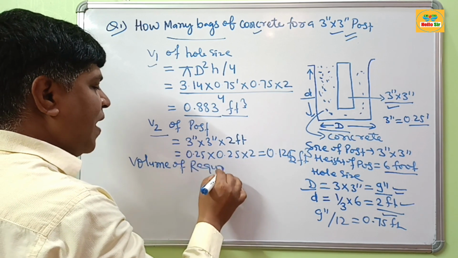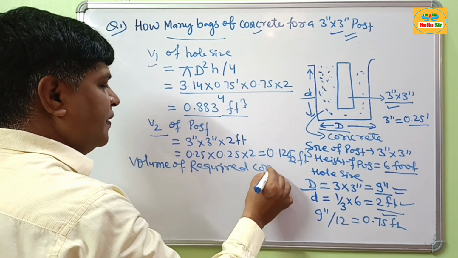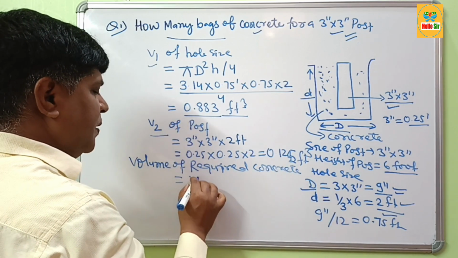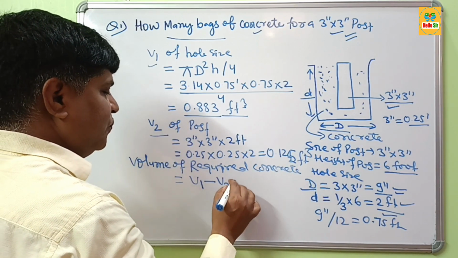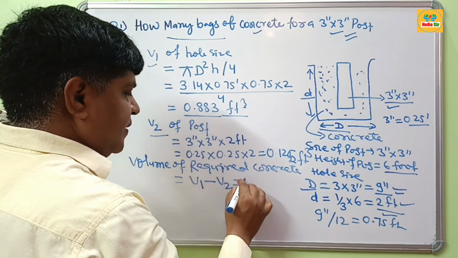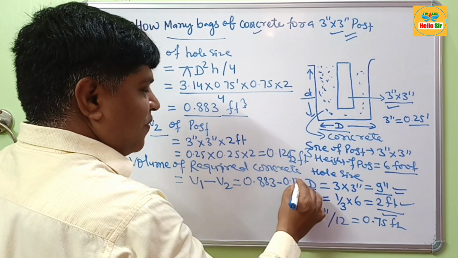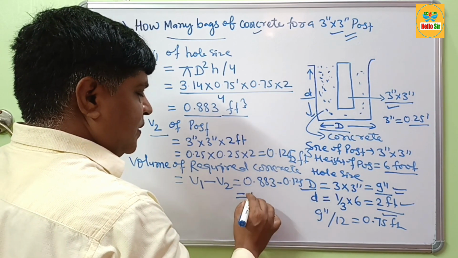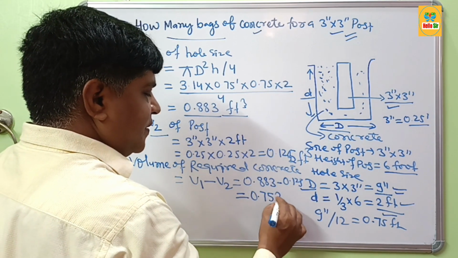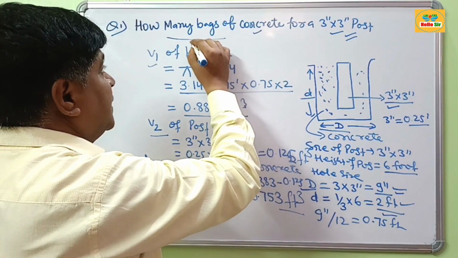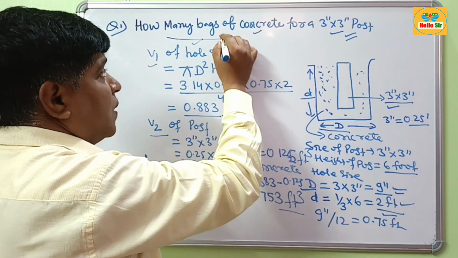It means you have to subtract V2 from V1. V1 minus V2: 0.883 minus 0.125 comes to about 0.753 cubic feet.